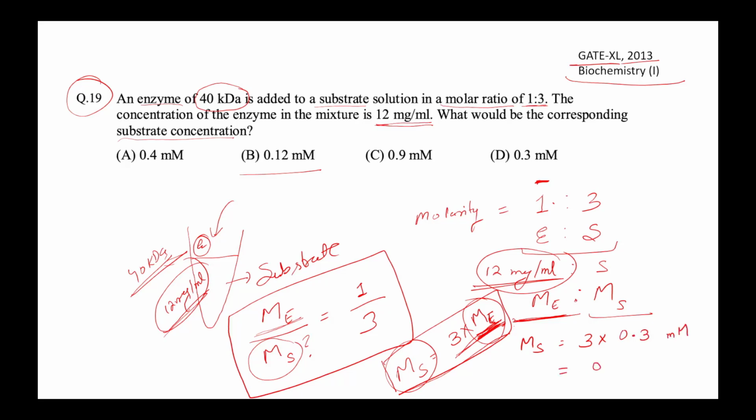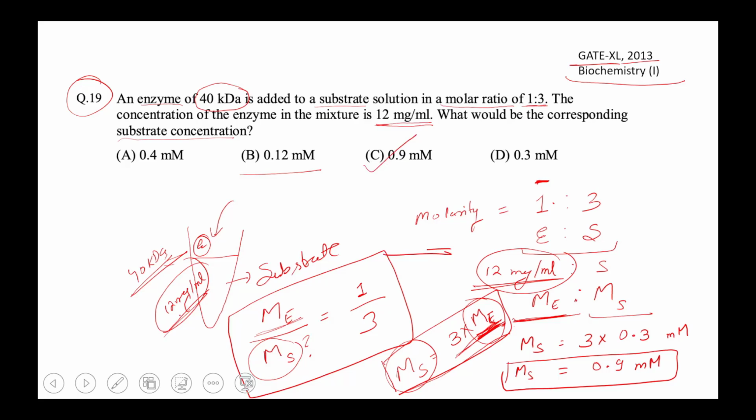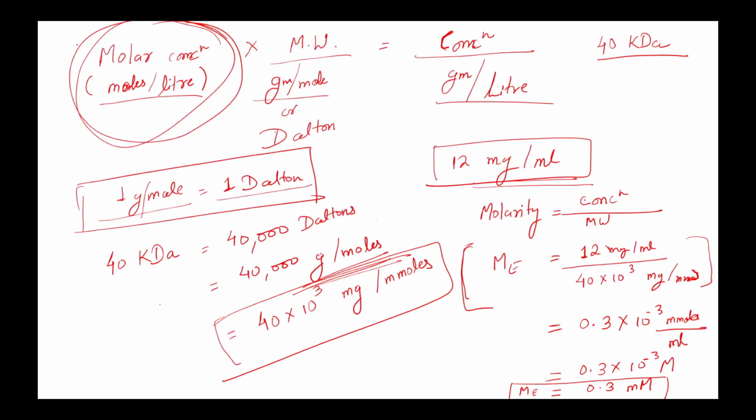So our answer will be 0.9 millimolar. Out of the 4 options, the third option, 0.9 millimolar, is the correct option. This is how it will be solved. The basic formula needs to be remembered.